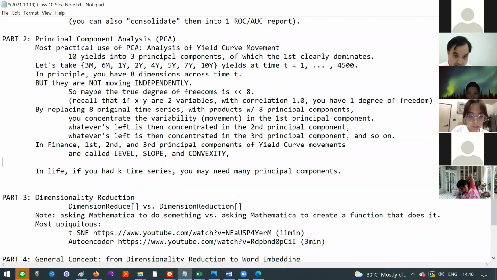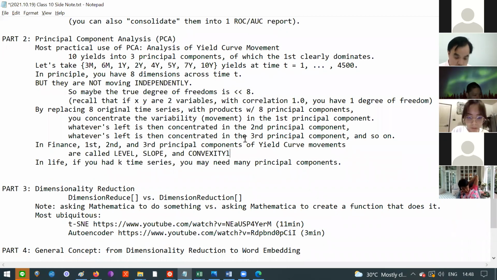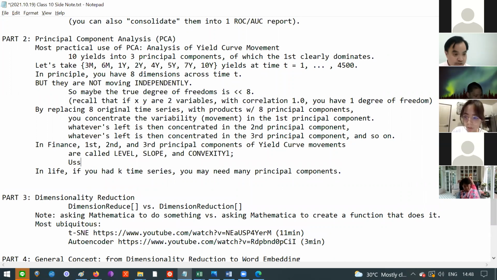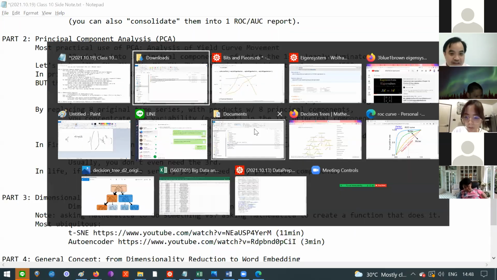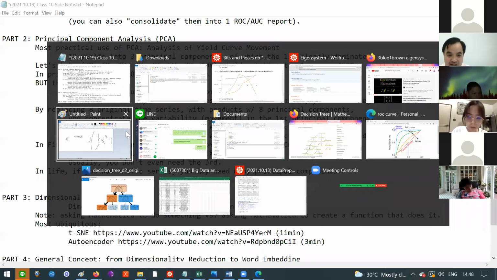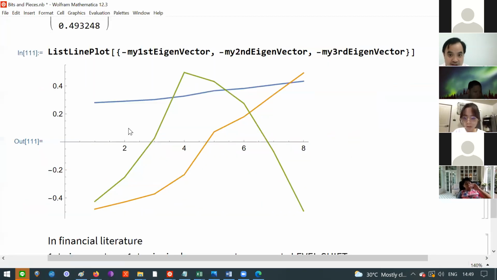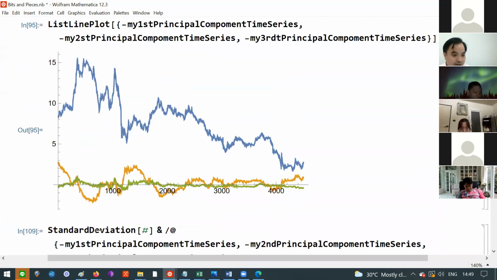But in finance, usually you don't even need the third. Okay, so by the time you get the first movement, so this is it. You concentrate the movement like this. So you see this concentration here, right?